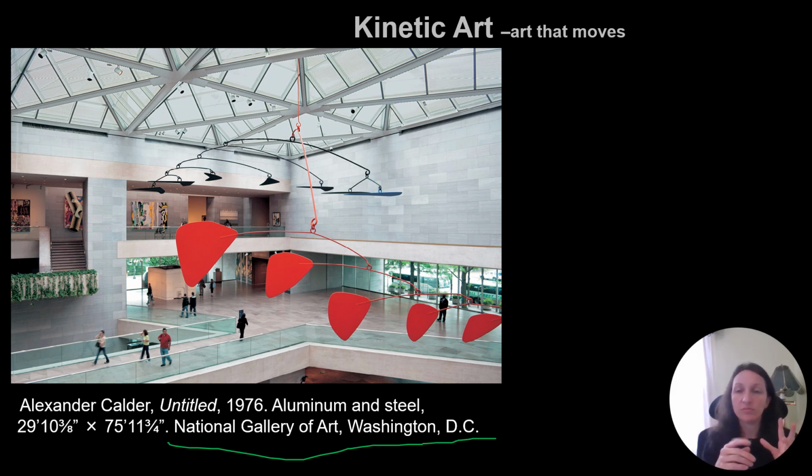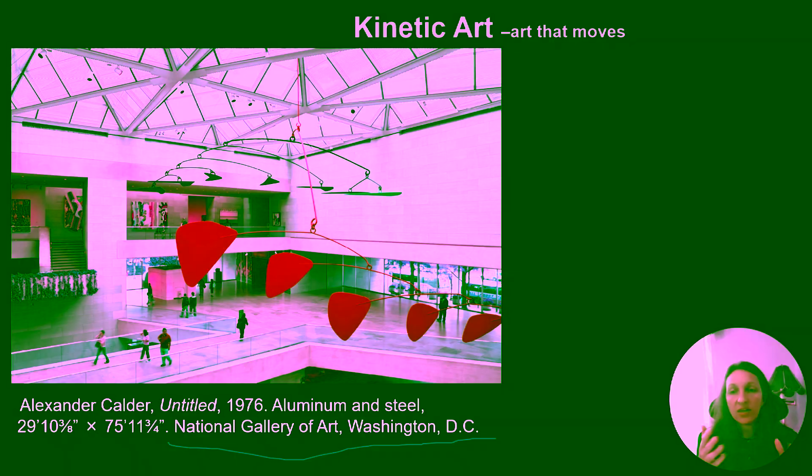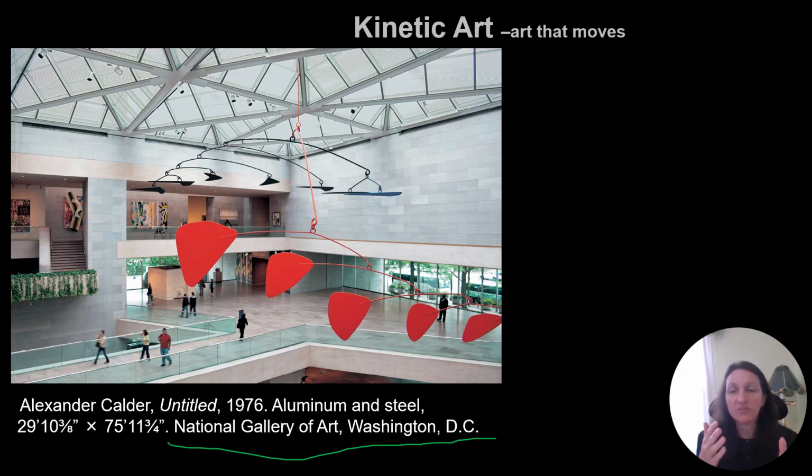So how does this move, right? It's kinetic art. It is art that moves, but it does not have a motor or anything like that. It's made of aluminum and steel, and as people move through the National Gallery of Art, they create a little bit of disturbance in the heat of the building.